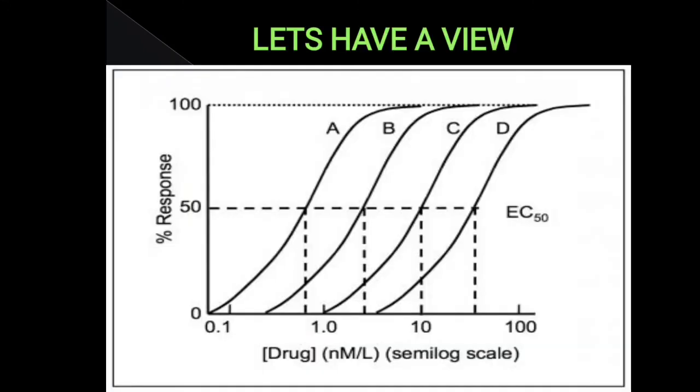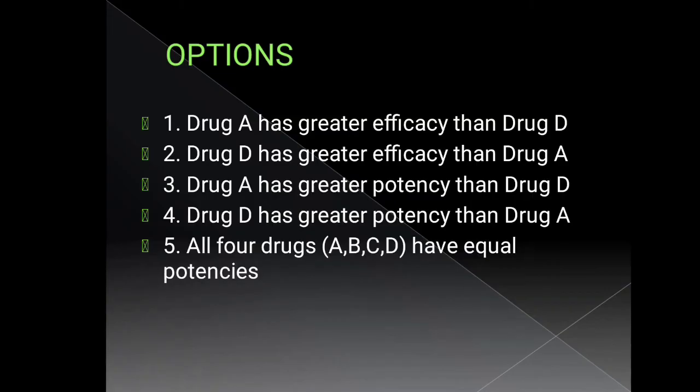And these are the curves. Now options are: drug A has greater efficacy than drug D; drug D has a greater efficacy than drug A; drug A has greater potency than drug D; drug D has a greater potency than drug A; all four drugs have equal potency. This is basically a simple but tricky MCQ.